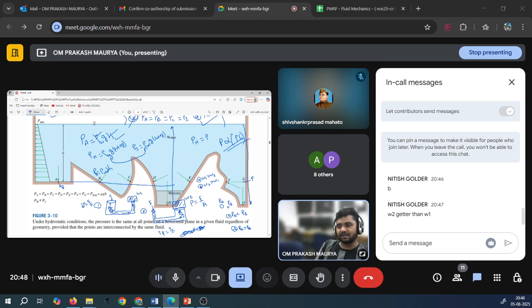If you are applying 10 here, and also 10 here, but the area is larger here, the pressure will be less. If the pressure is less here, then here also the pressure will be less. But one thing to remember: whatever pressure is generated here, the similar pressure will be generated here. But you know already, pressure is force by area.